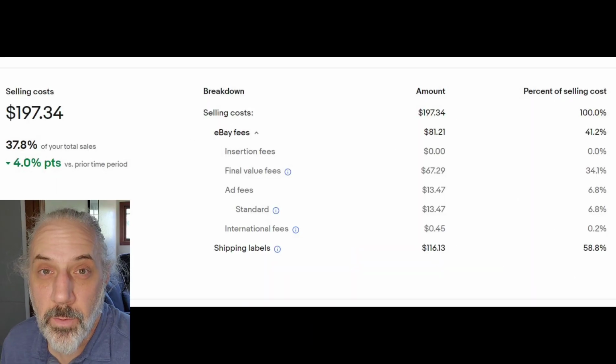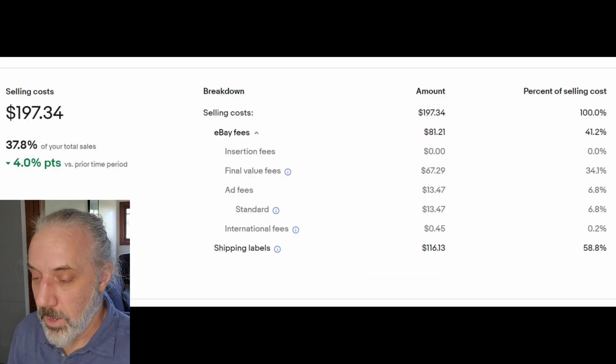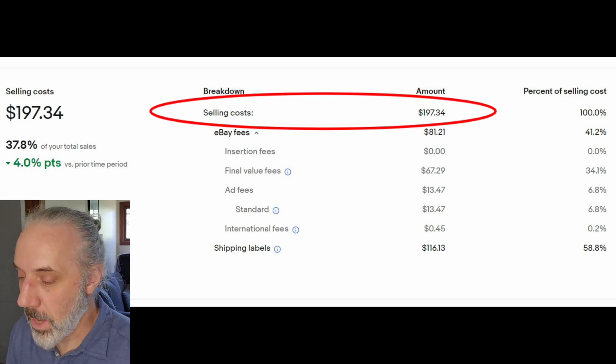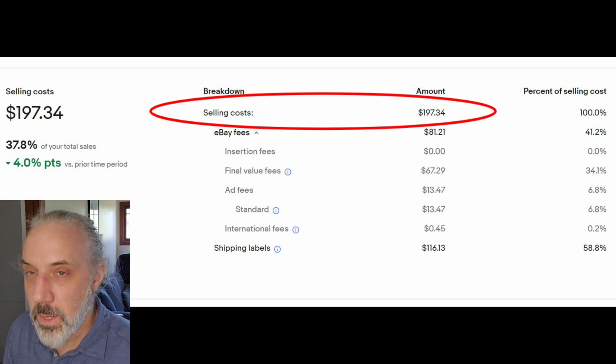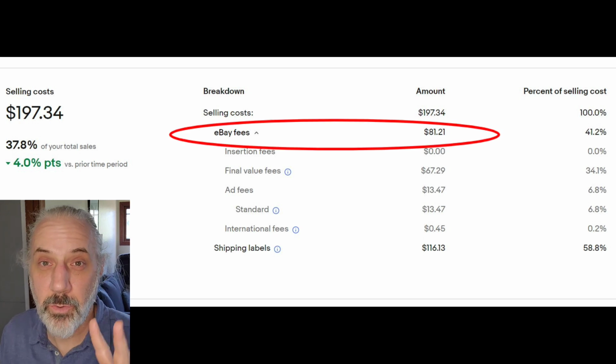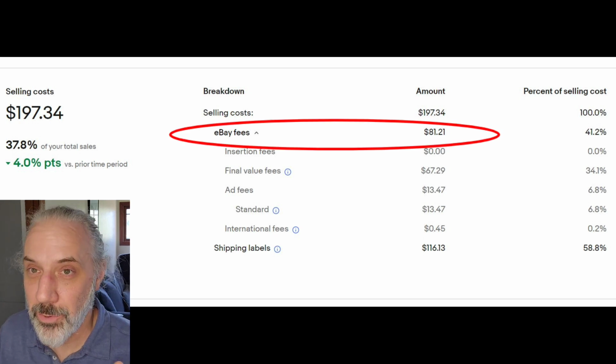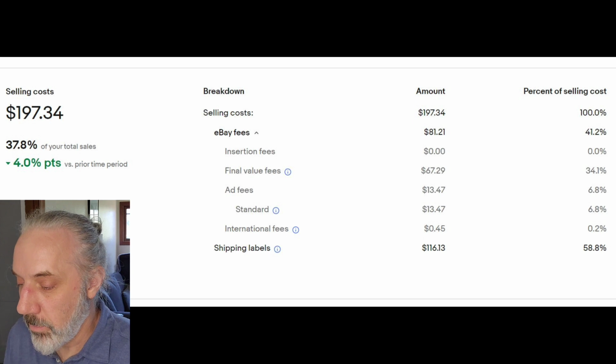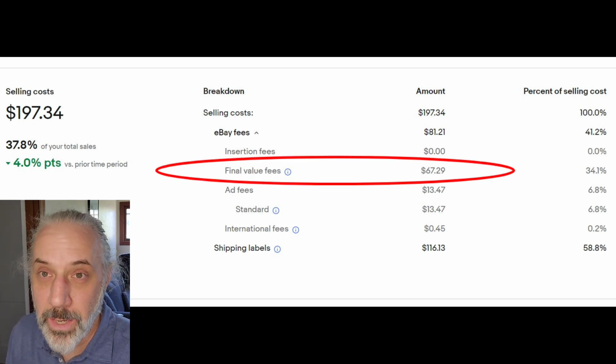Okay, here's the breakdown of the selling costs for the week. $197.34 were my total selling costs. eBay fees, $81.21. That includes a few things, but the main two are the final value fees and the ad fees. The final value fees, $67.29.